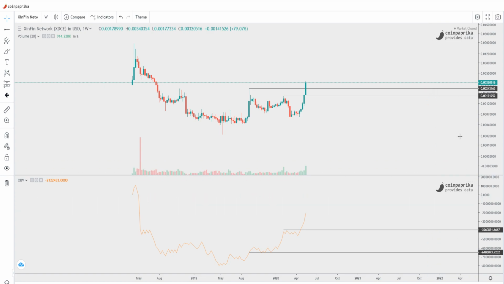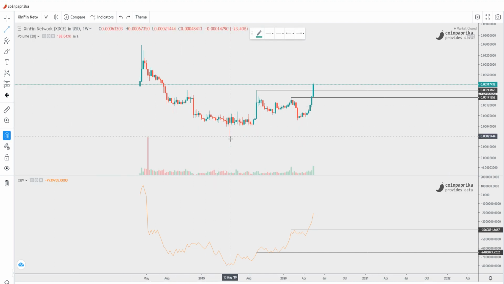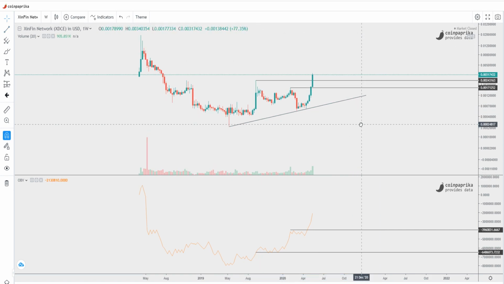Okay, let's go. Sorry. So again, let's draw here. Our previous low, let me use a straight line. Black, please. Okay.